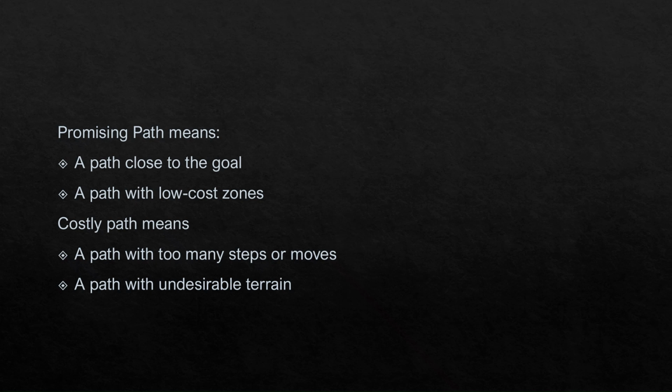So they will choose the promising path and leave the costly path because it has an undesirable terrain, or maybe many steps or moves to get to you are required.